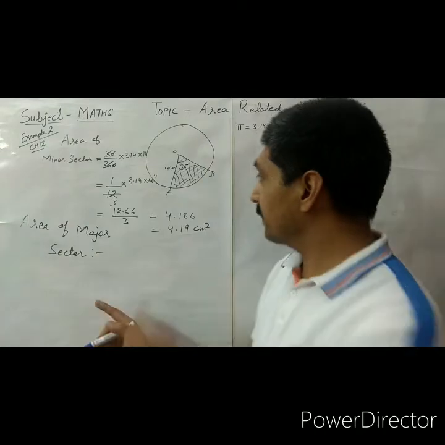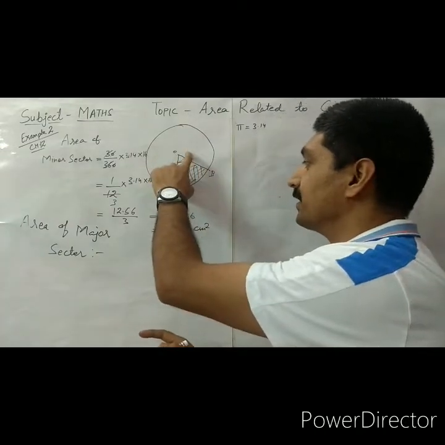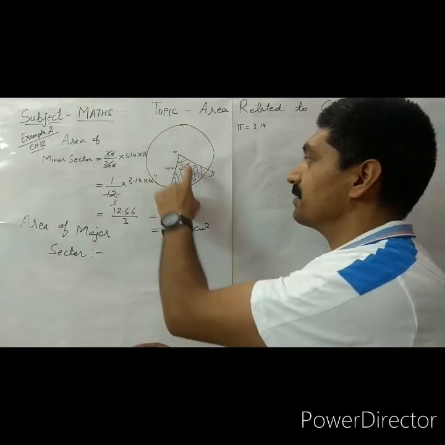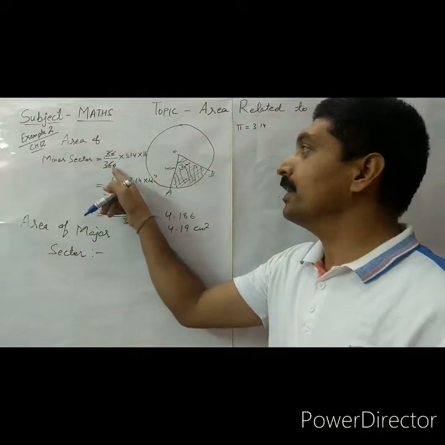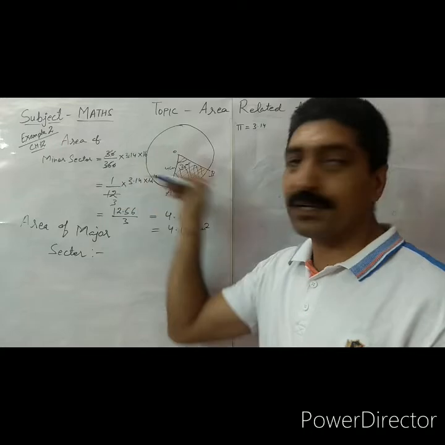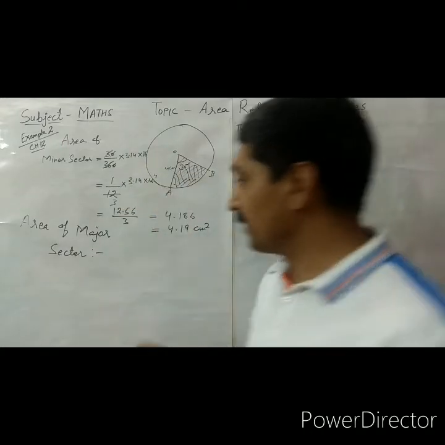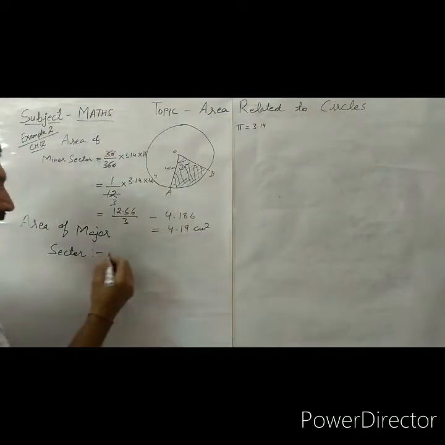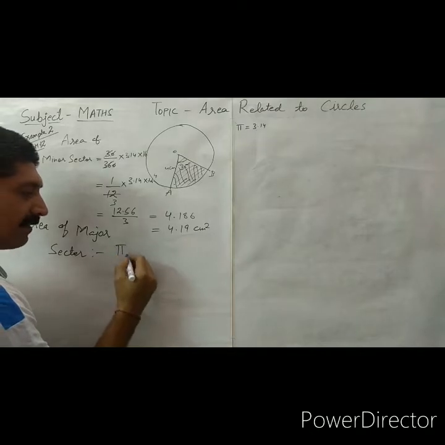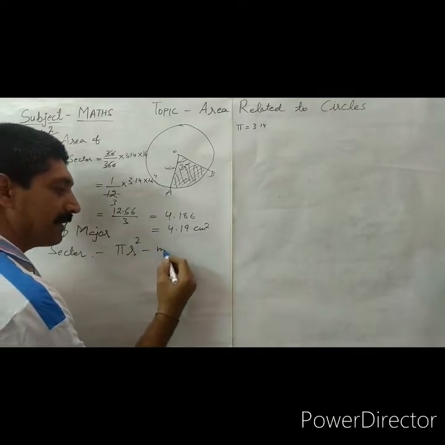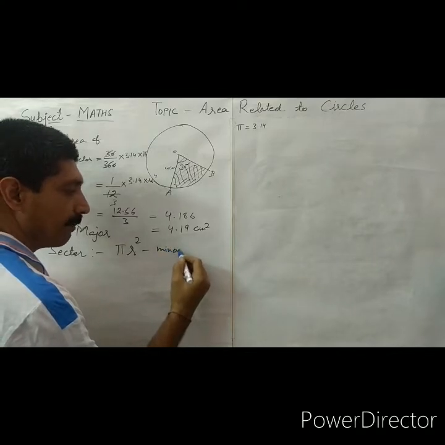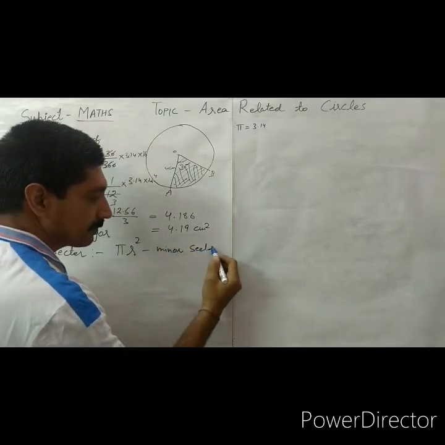What is the remaining angle? 360 minus 30 is 330 degree. So we can put the value 330 upon 360 into pi r square. The other way is to find the area of the complete circle minus the area of the minor sector.